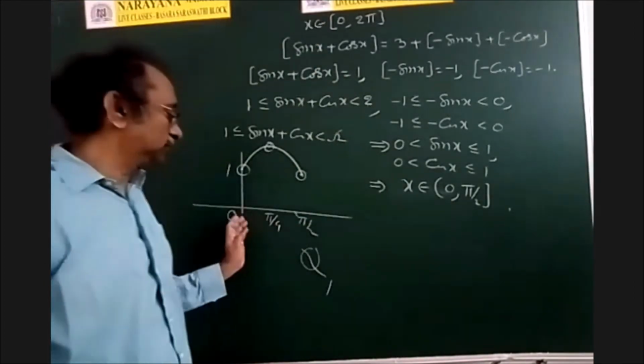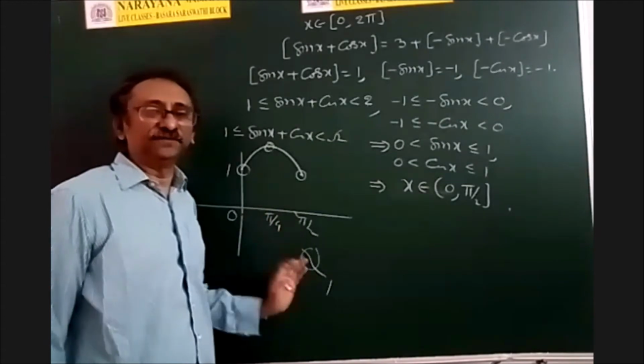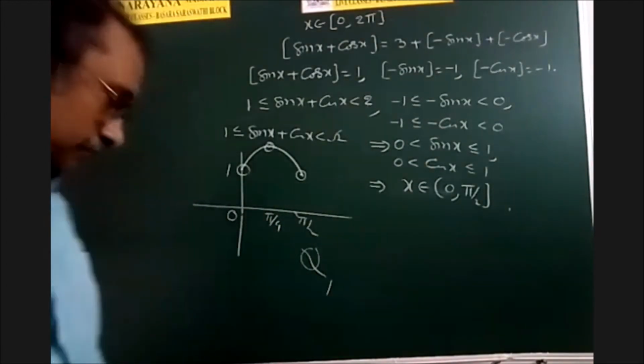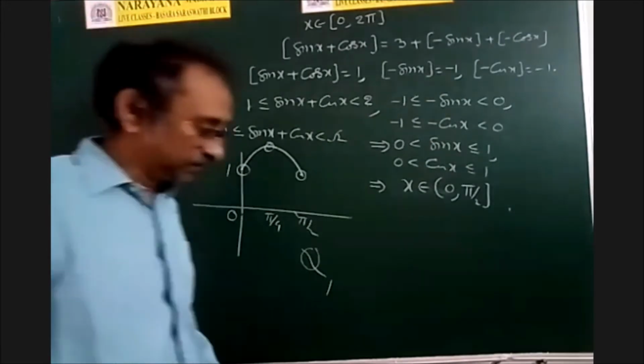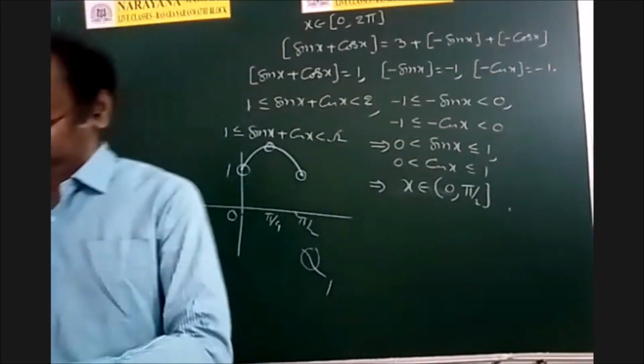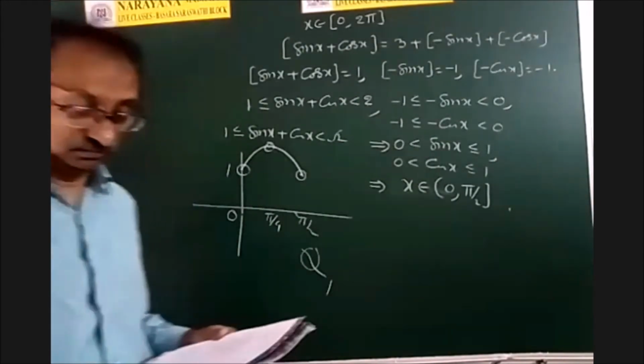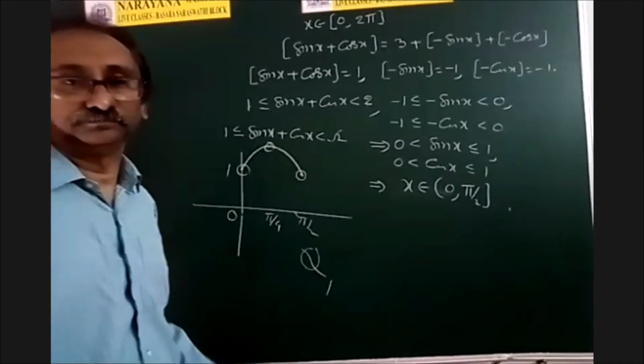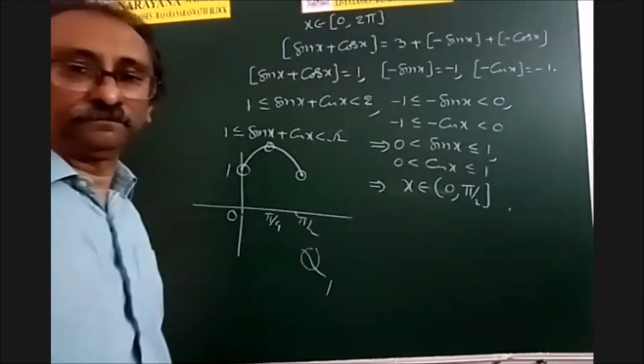So how many solutions are there in the first quadrant? Infinitely many solutions. Okay, so the answer is infinite. Third option.